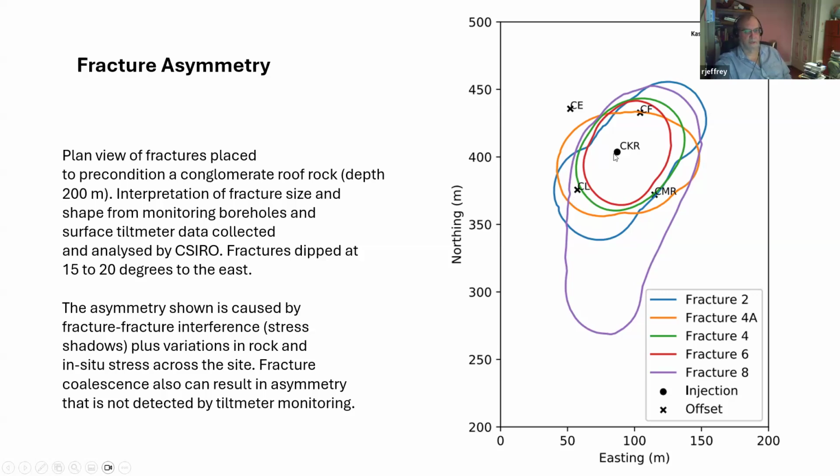And 3D models can be used to reproduce this, but there's a large statistical factor in how this develops because it depends on the details of the fractures placed before the next fracture and how they grew, and also on the rock properties and stress field, which can vary with depth and with position.